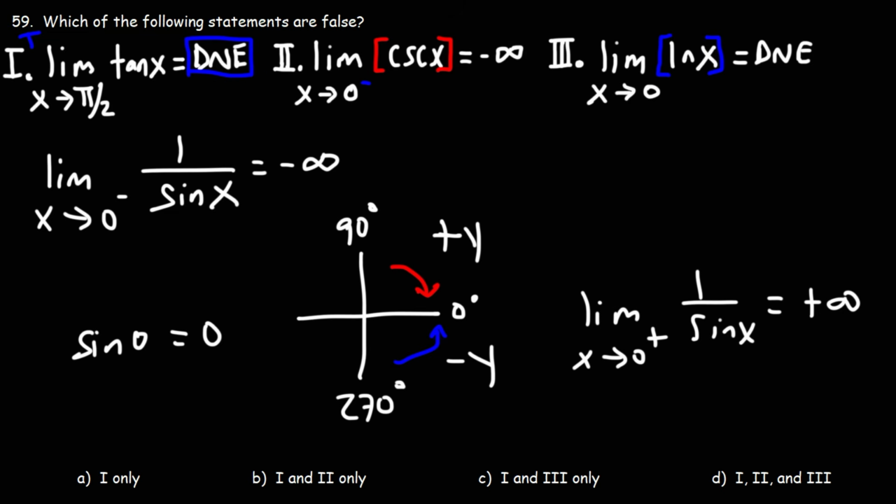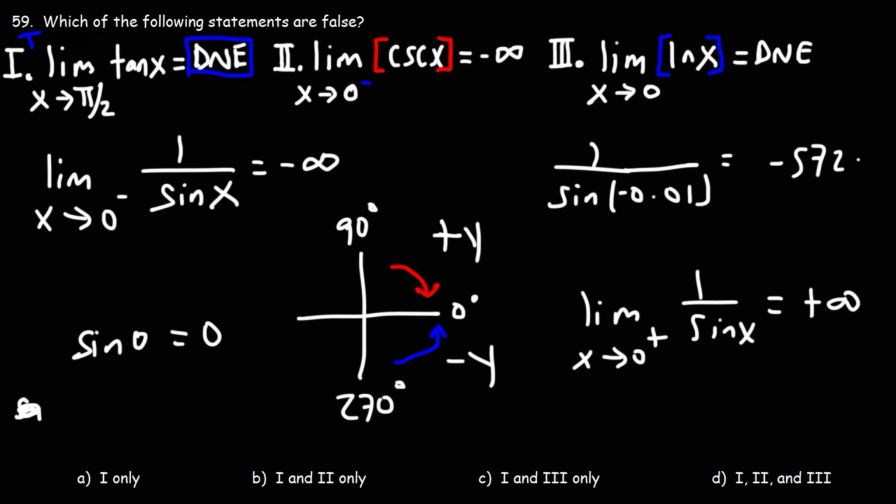And if you were to plug in 1 over sine negative 0.01, you would get a large negative number. So for instance, 1 over sine negative 0.01 would give you negative 5,729.6, rounded to nearest tenth.